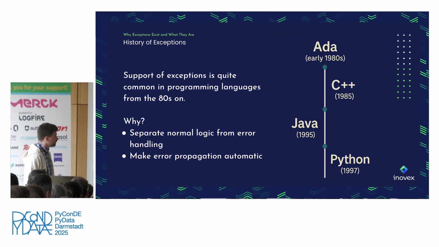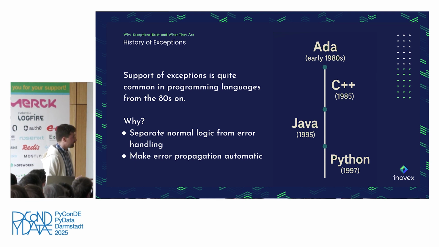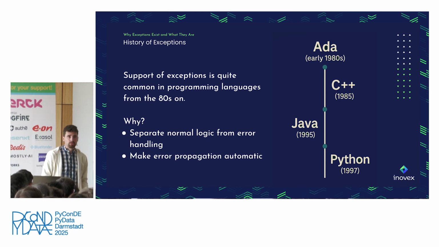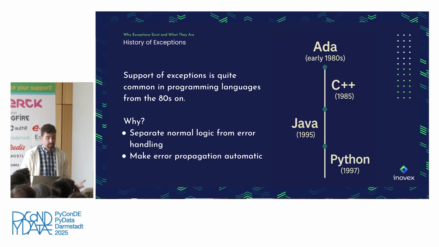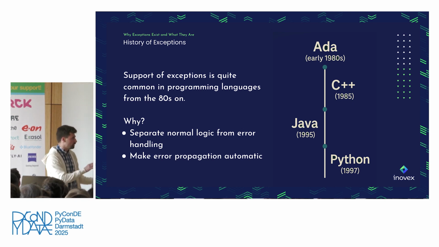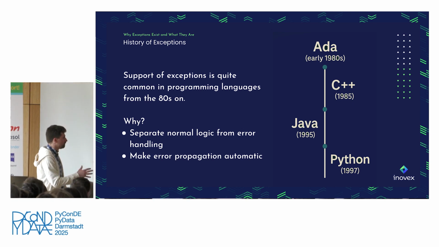And why are we doing this? Because we can now separate our normal logic, our business logic, from the error handling, right? Because in most cases we assume everything's going to be all right. And so this was the idea. We want to somehow separate it, and without jumping around. Yeah, and this was the idea of exceptions.